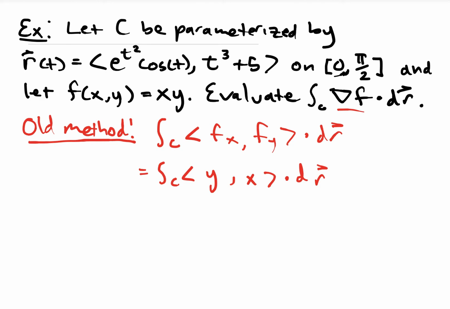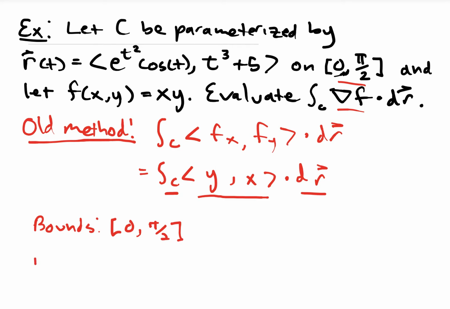Now, for fixing this, I would have to worry about replacing my bounds, my function, and my differential. My bounds, we just steal whatever interval my parameterization used, so my bounds are now going to be 0 to pi over 2.